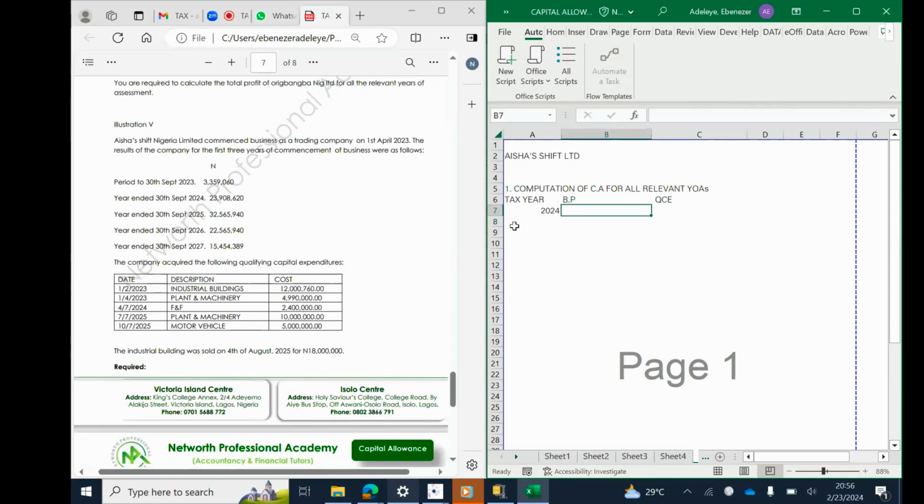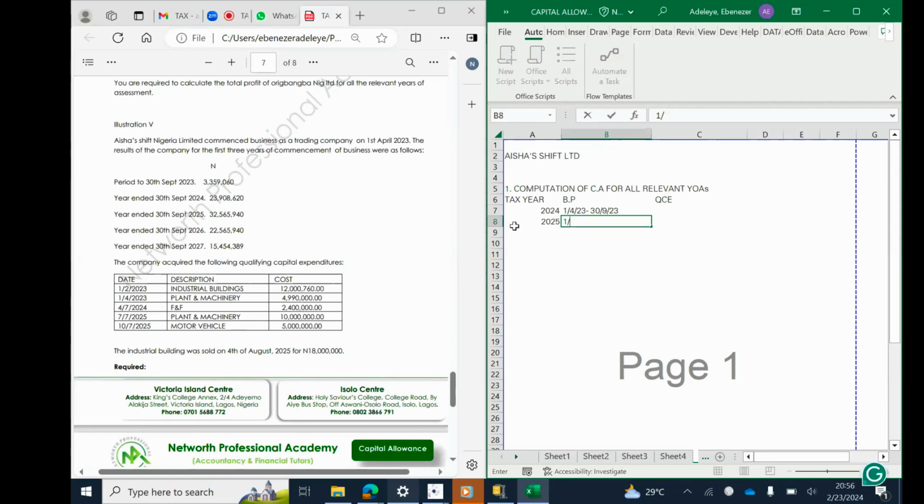Yes. So for this 2024, it will be from the date of commencement to the end of the first accounting year end. So it will be 1st of April 2023 to 30th September 2023. All right. 2025 will be 1st of April. No, not 1st of April now.